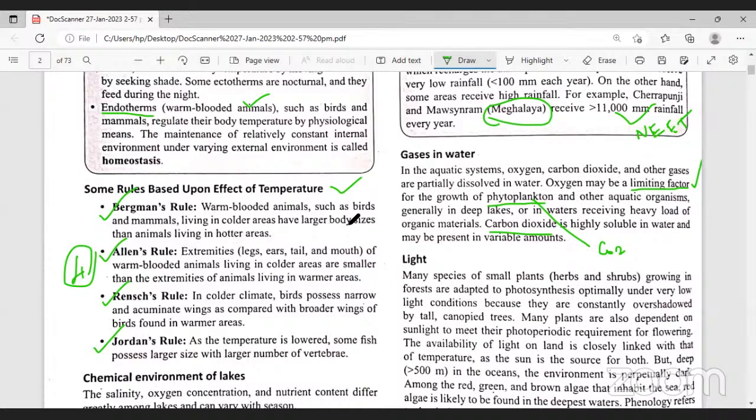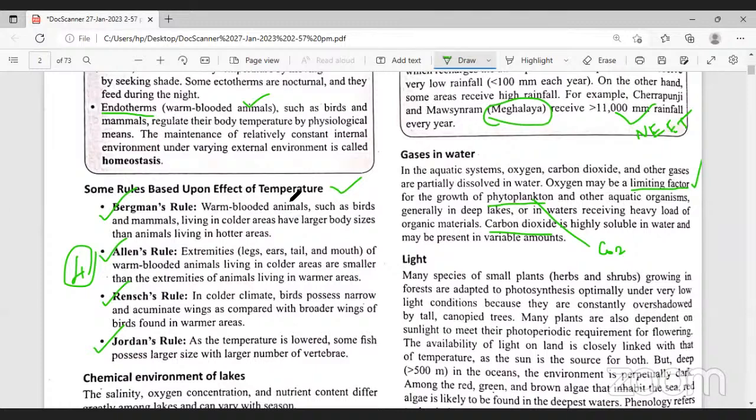Take an example of the polar bear, it is very large in size, isn't it? Why? That is the rule. Because of the temperature, they maintain their body fat. That is very, very important. They are very large in size and also have deposition of fat in their skin. They can tolerate the temperature.